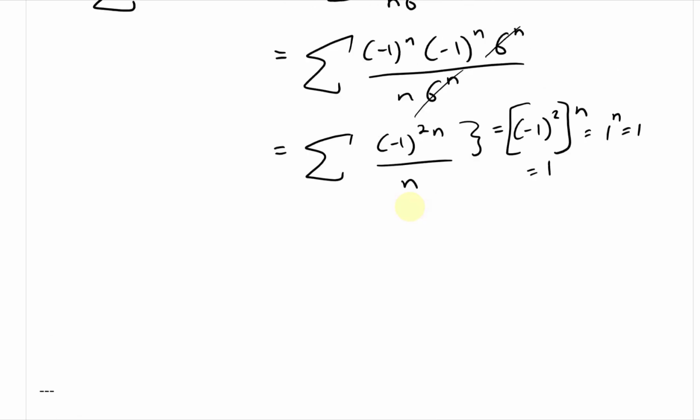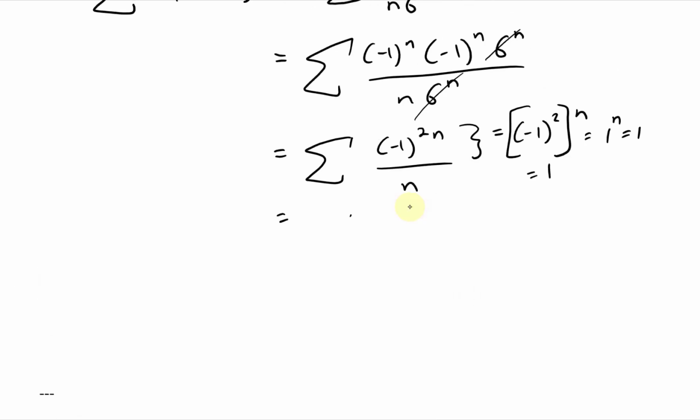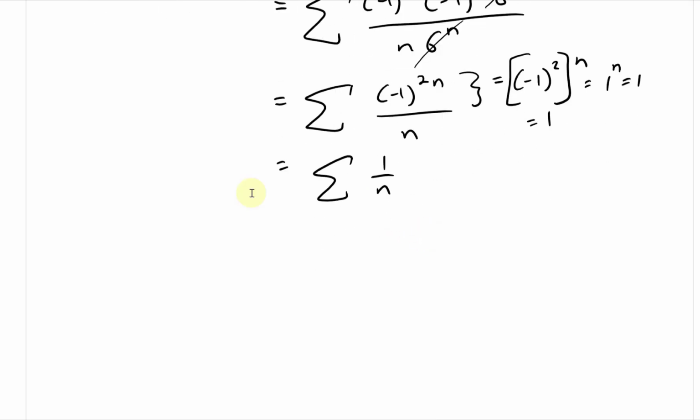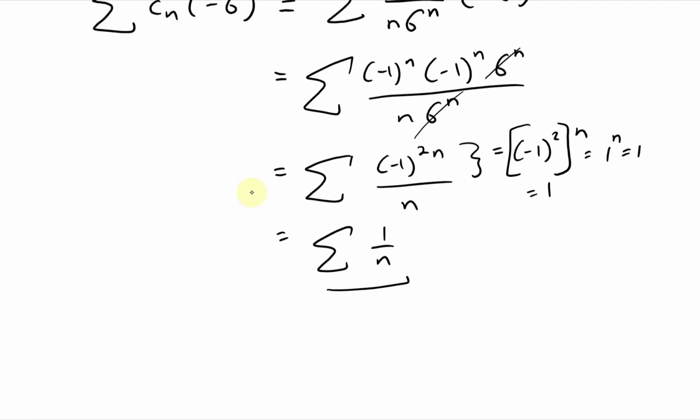So this means we just get the harmonic series, 1 over n. The harmonic or p-series is a divergent series. Let's put this in a square: this is a p-series with p equals 1, which is divergent.